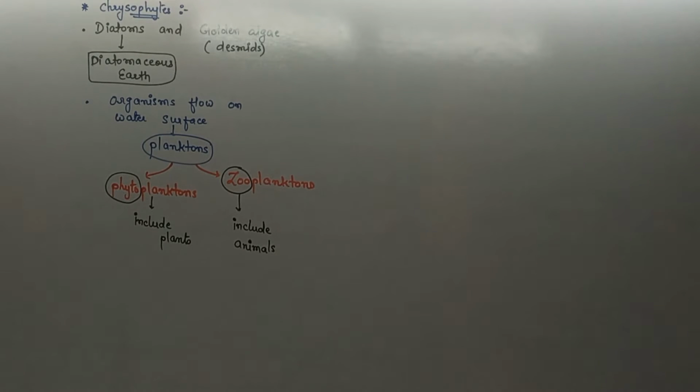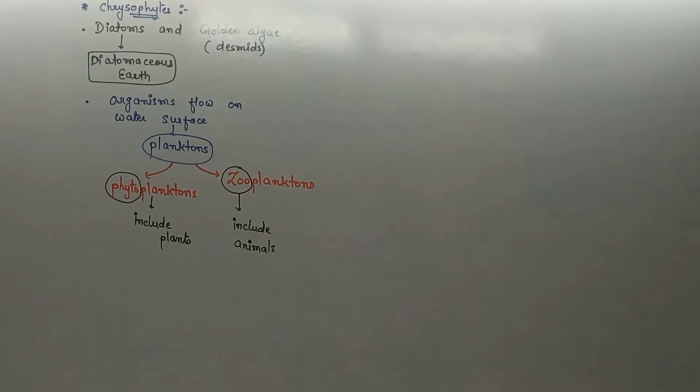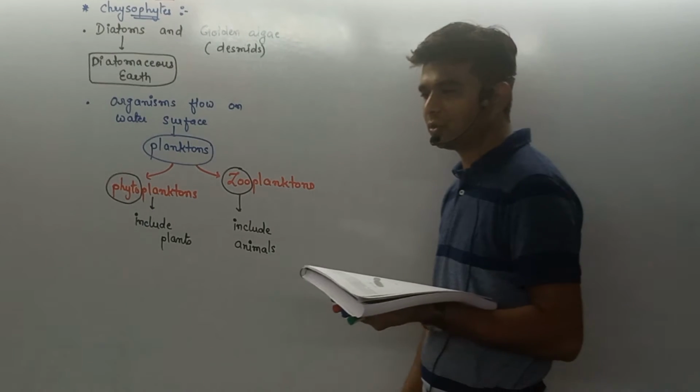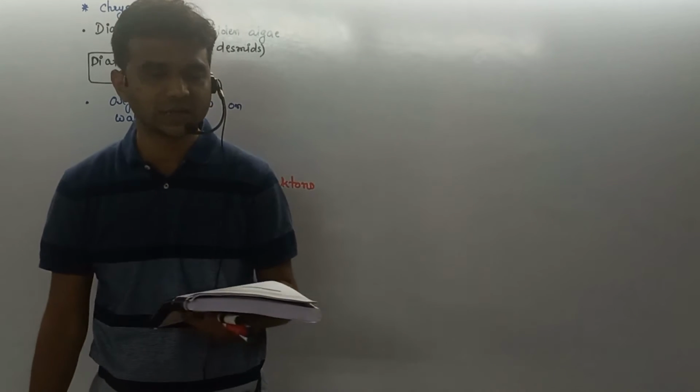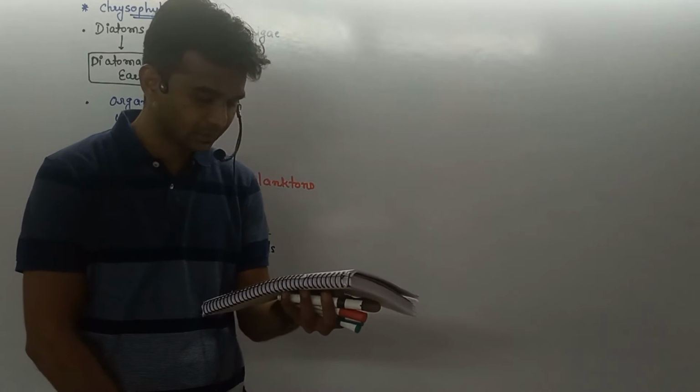Fine. So here you remember that diatoms are present as a fossil form on the earth's surface and form the diatomaceous earth. Due to the rigid cell wall or strong cell wall, they are stored as a fossil for a prolonged time.